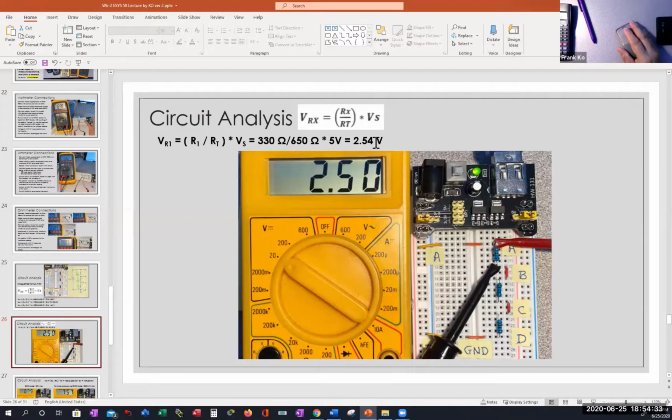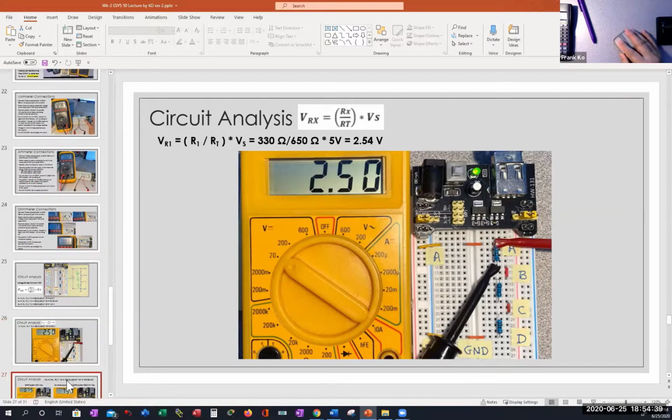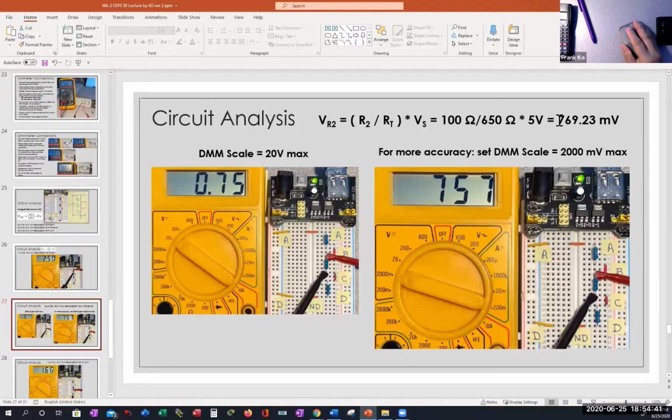Pretty darn good, okay? If I go to measure the next one, we calculated 769.23 millivolts. On my multimeter, I can select scales. This is not an auto scale multimeter.